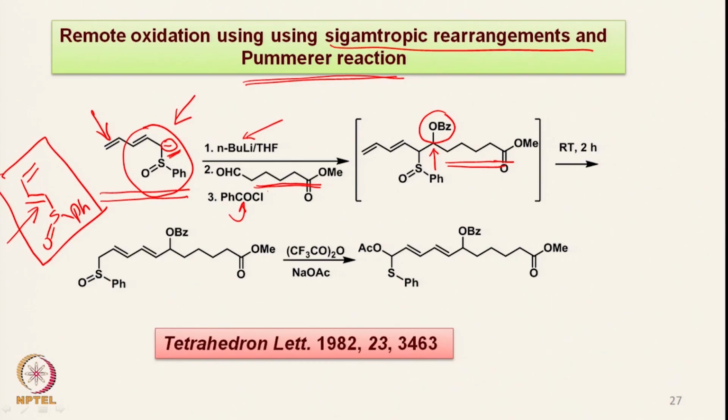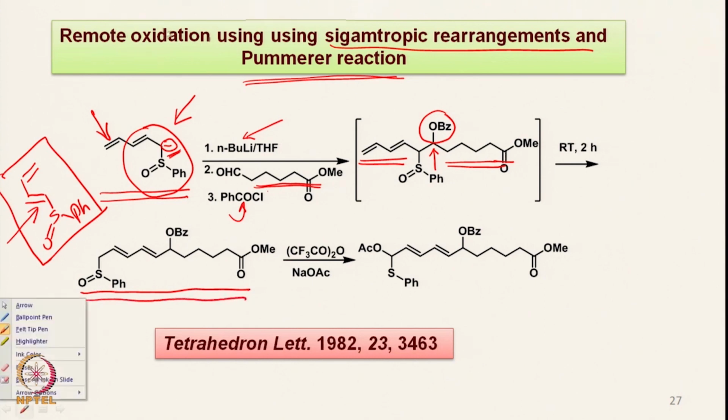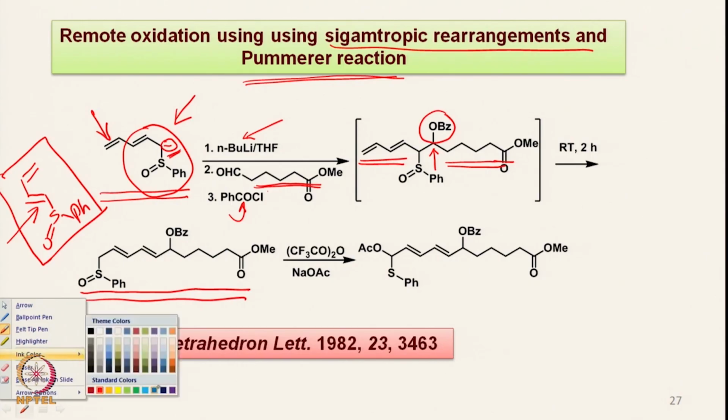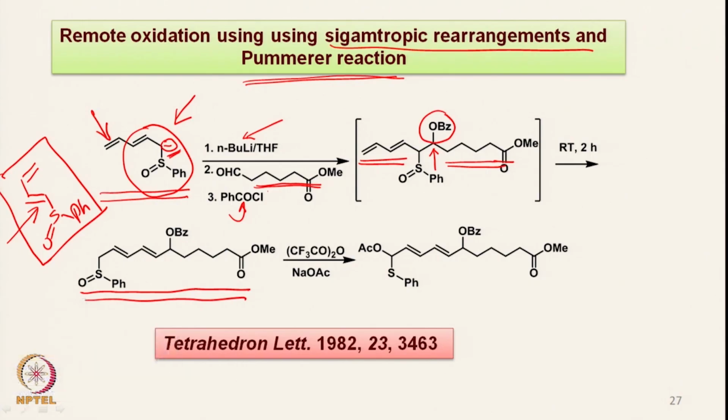Now this particular sulfoxide which is having a diene unit in this fashion undergoes an interesting reaction to form another diene sulfoxide here. Now look at it very carefully. What you have is this sulfoxide here, which was internally oriented.